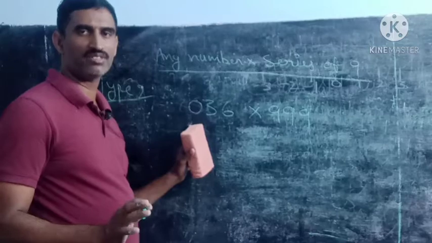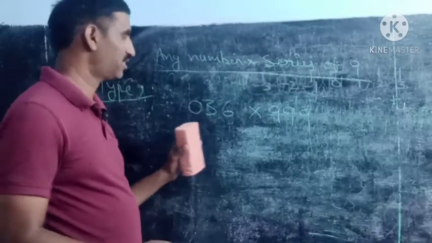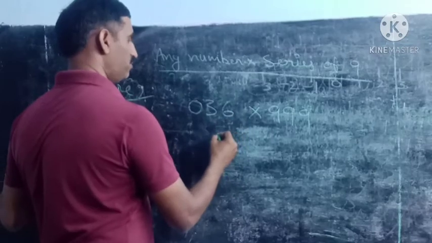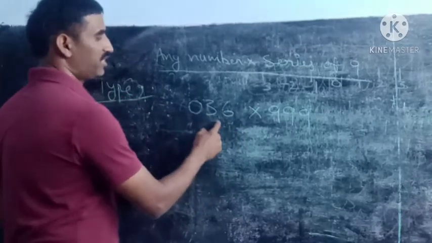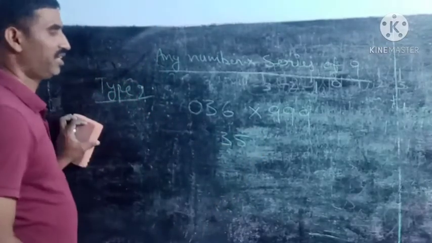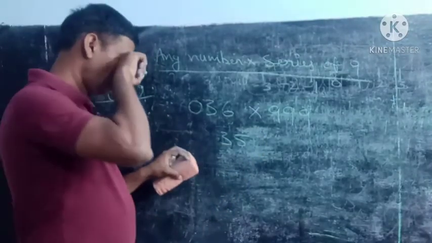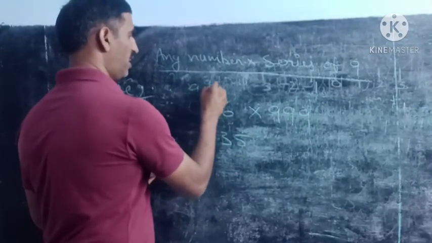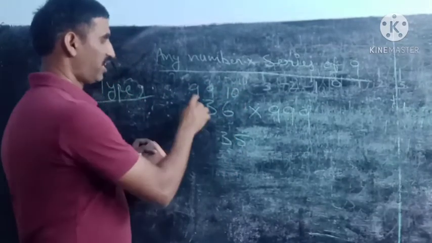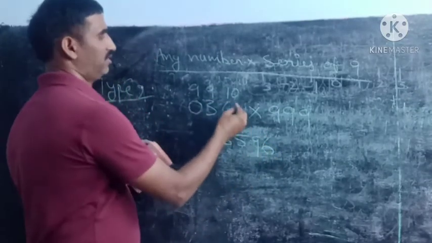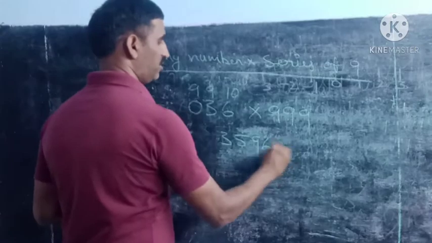Only a simple change here. Subtract 1 from this entire number first. 36 minus 1 is 35. Next write the complement of this 035. So 9, 9, 10 for better understanding. 9 minus 0, 9. 9 minus 3, 6. 10 minus 5, 5. This is the answer.